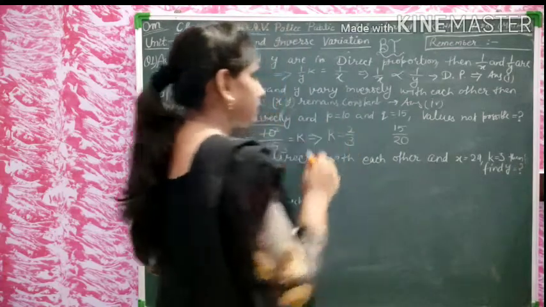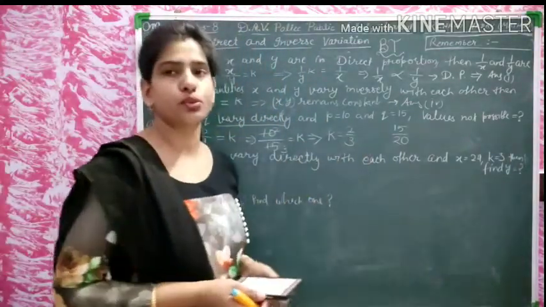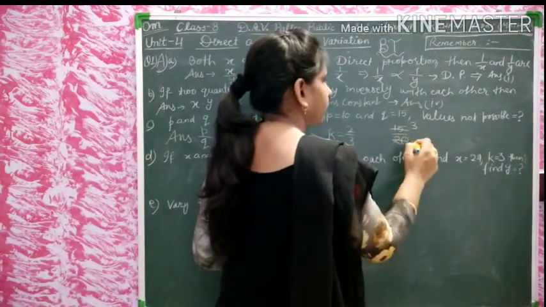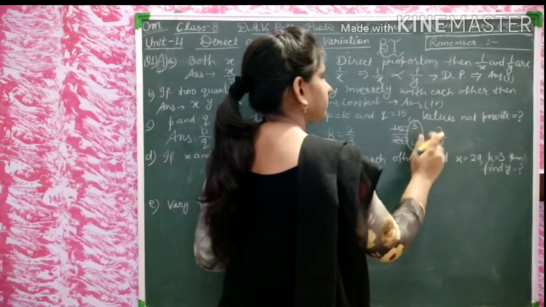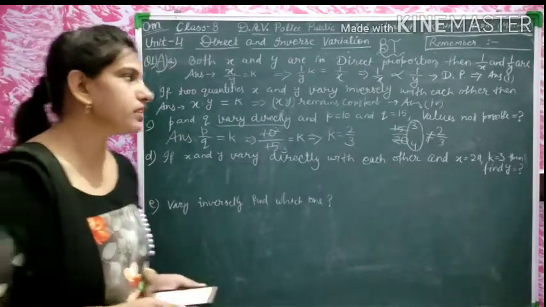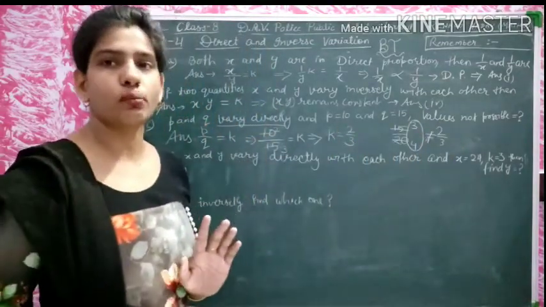Is this possible? The ratio has to be 2 by 3. But 5 times 3 is 15, 5 times 4 is 20, and it is not equal to 2 by 3. If the ratio is not the same, that quantity is not possible.